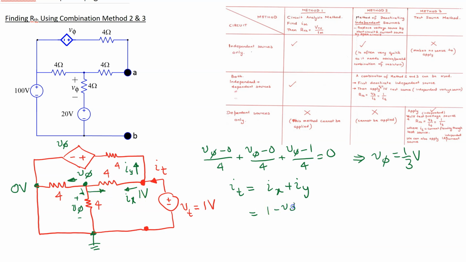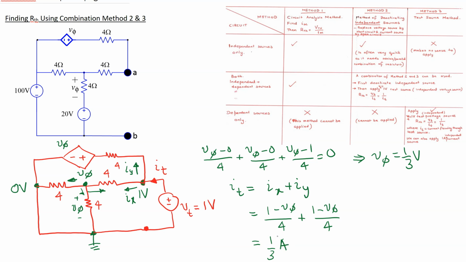And IY is the current through this branch, through this 4 ohm resistor. So it's the voltage on this side minus the voltage on this side, which is also V phi because of the dependent source. So this is (1 minus V phi) over 4, and the value of V phi is already found. Substituting values, we can show that this comes out to 1/3 amps.